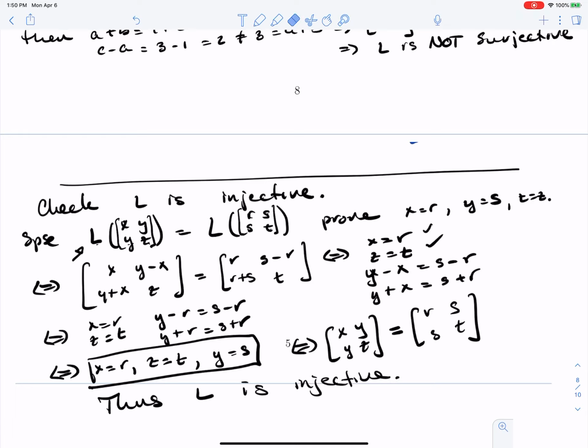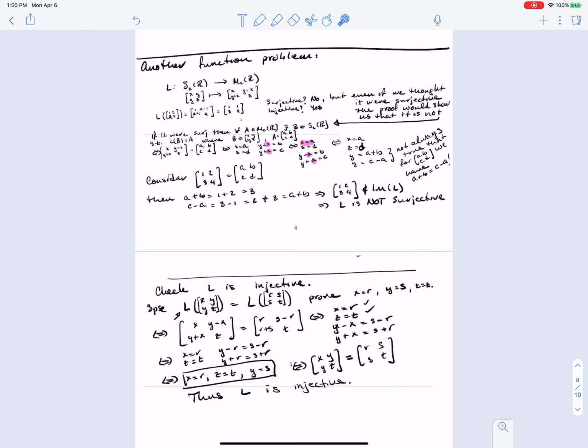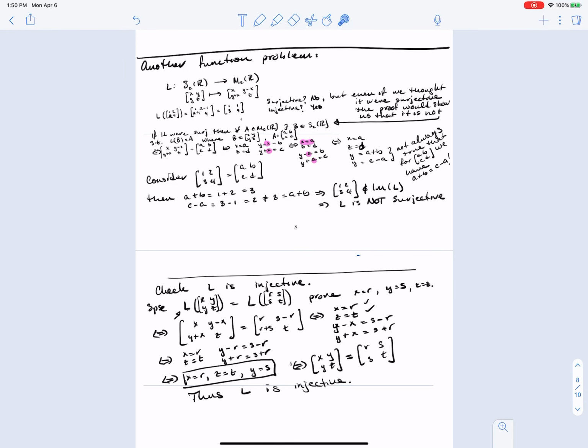So what we want to notice is that if we have L of X, Y, Y, Z, I know what that is. It's X, Y minus X, Y plus X, Z. And similarly here it's R, S minus R, R plus S, T. Remember that was the definition of our map all the way back up here.